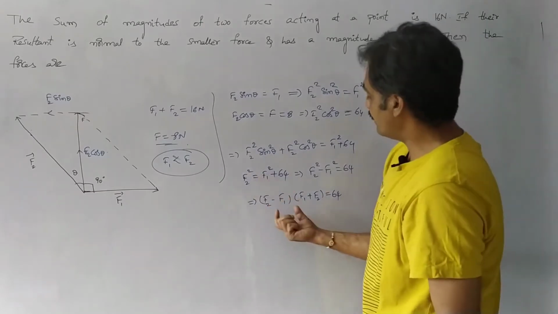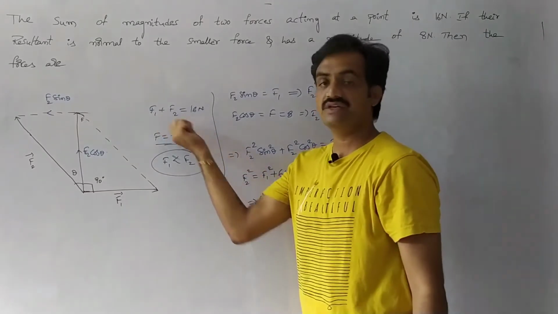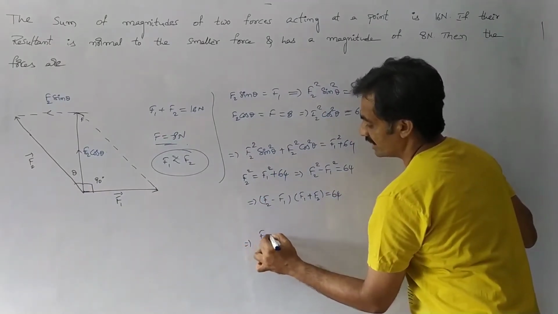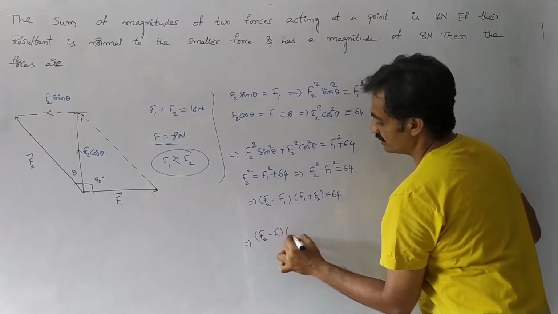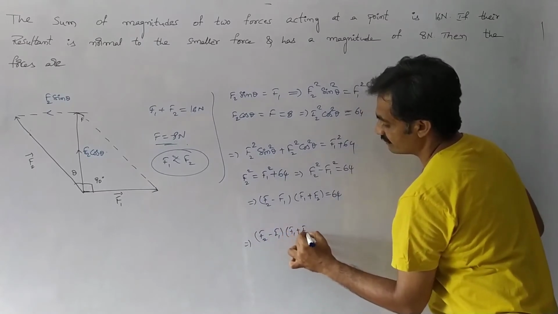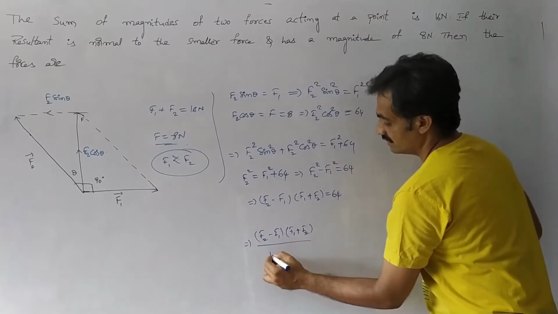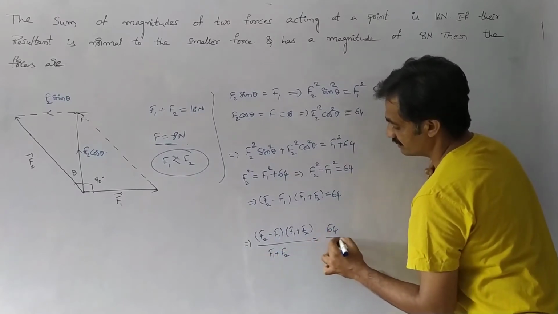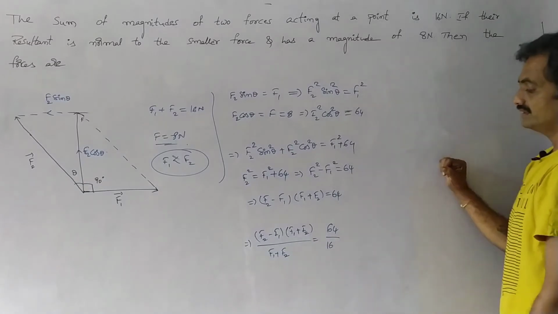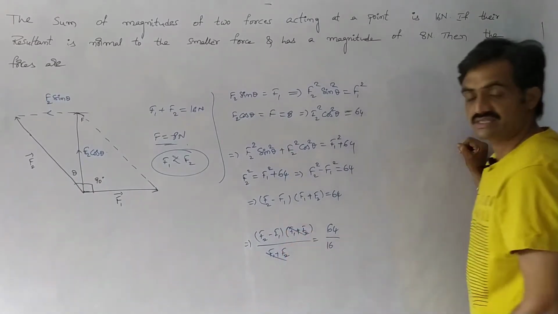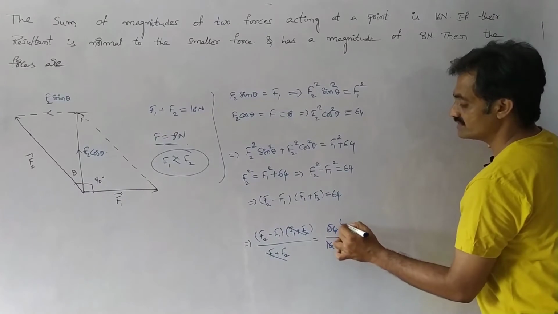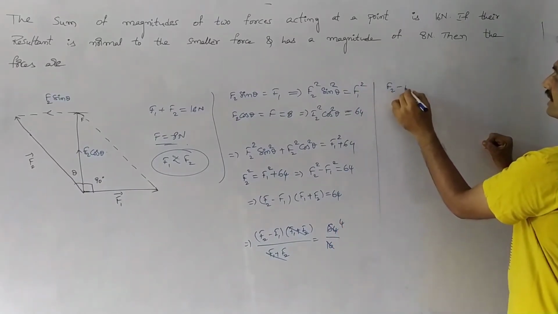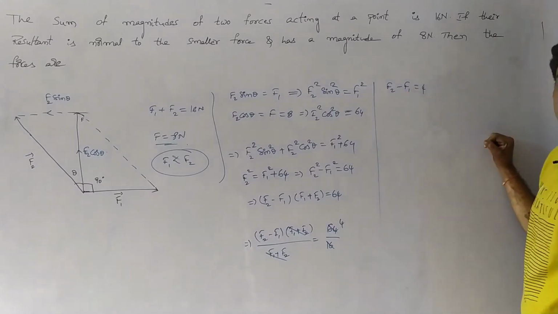Now we divide this equation by the equation F1 plus F2 equals 16. F1 plus F2 gets cancelled, and 64 by 16 is 4. So we have F2 minus F1 equals 4.